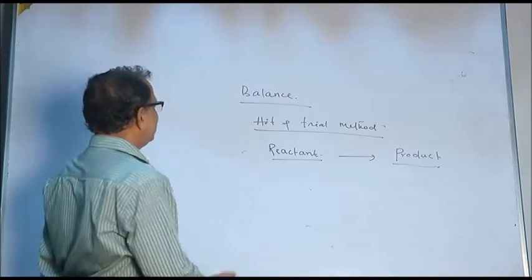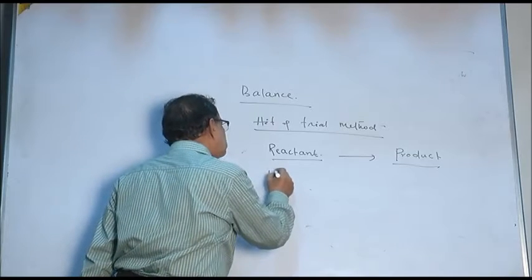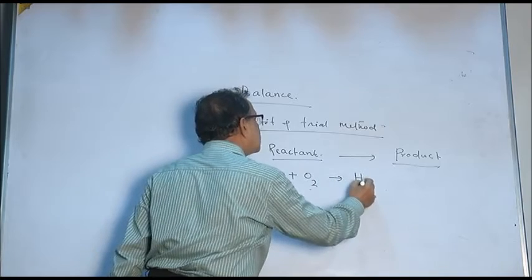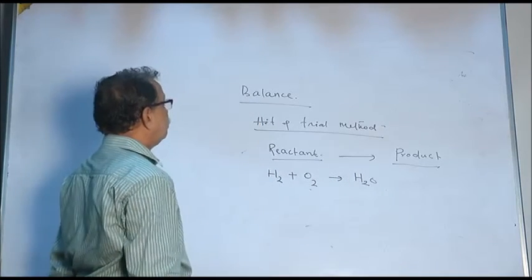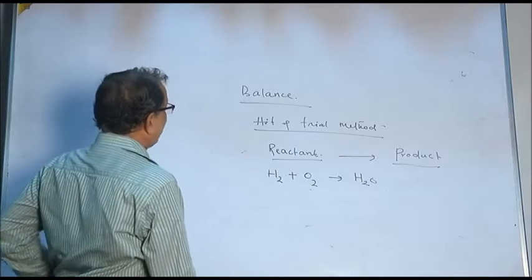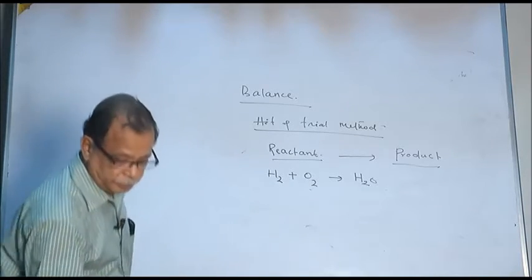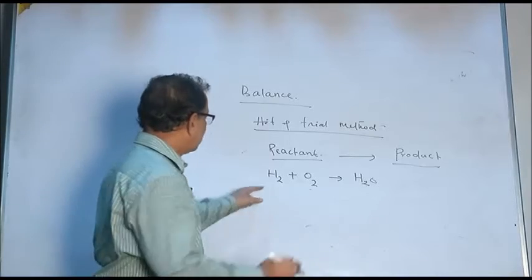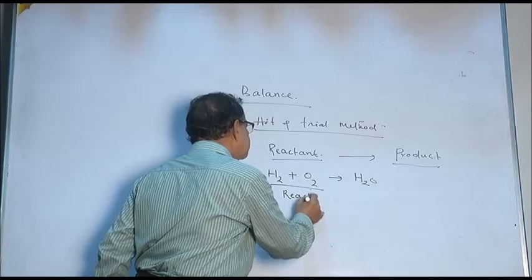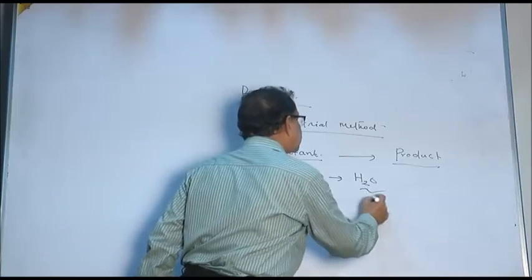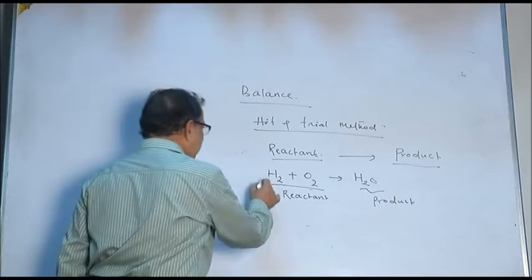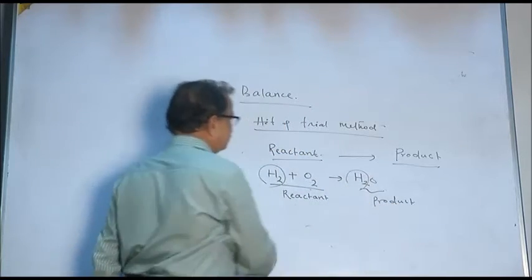Suppose by the simple hit and trial method we balance H2 plus O2 gives water: H2 plus O2 gives H2O. Whether this equation is balanced or not: in the reactant side there are 2 hydrogen atoms, and here there are 2 hydrogen atoms.